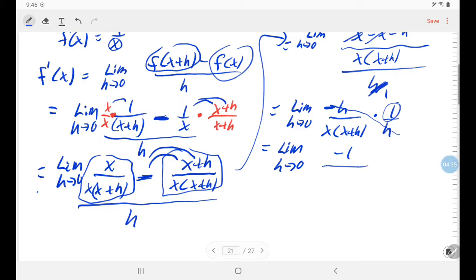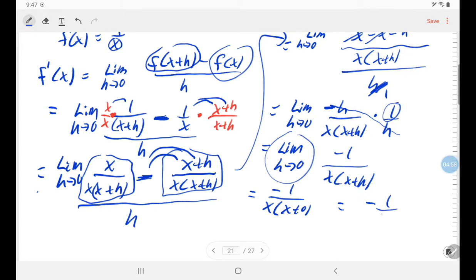So I get negative 1 over x times x plus h. Now we can go ahead and substitute that 0 in for h, giving me negative 1 over x times x plus 0, which gives me negative 1. X plus 0 is x, times x is x squared. So our f prime of x is negative 1 over x squared.